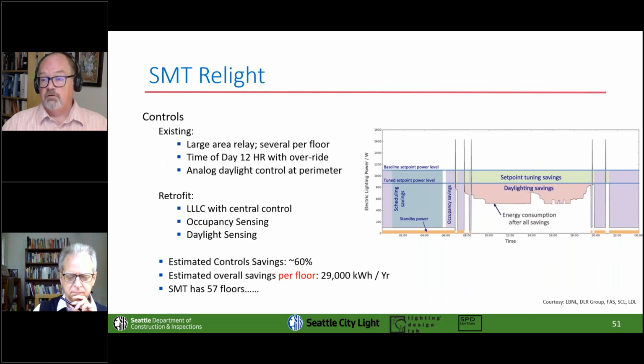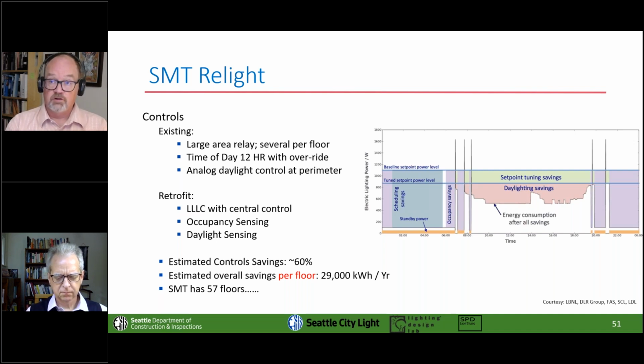Okay. As most people here will know, your energy savings from controls has to do with things like task tuning. What's your task tune level? We can task tune with these fixtures. What is the occupancy of the space? Well, at the moment, and through all of COVID, lights were on from 7 a.m. to 7 p.m. I think those are the operating hours the system is set to at the moment.